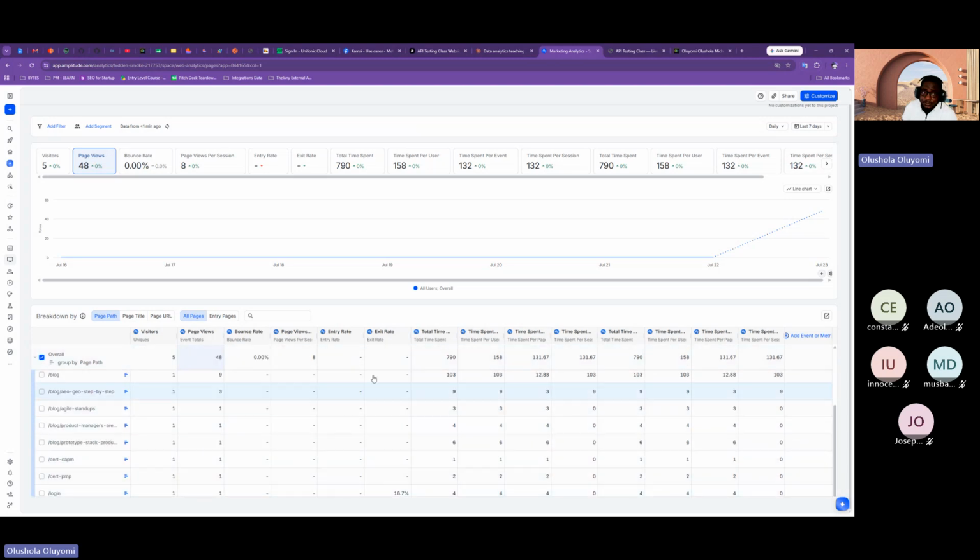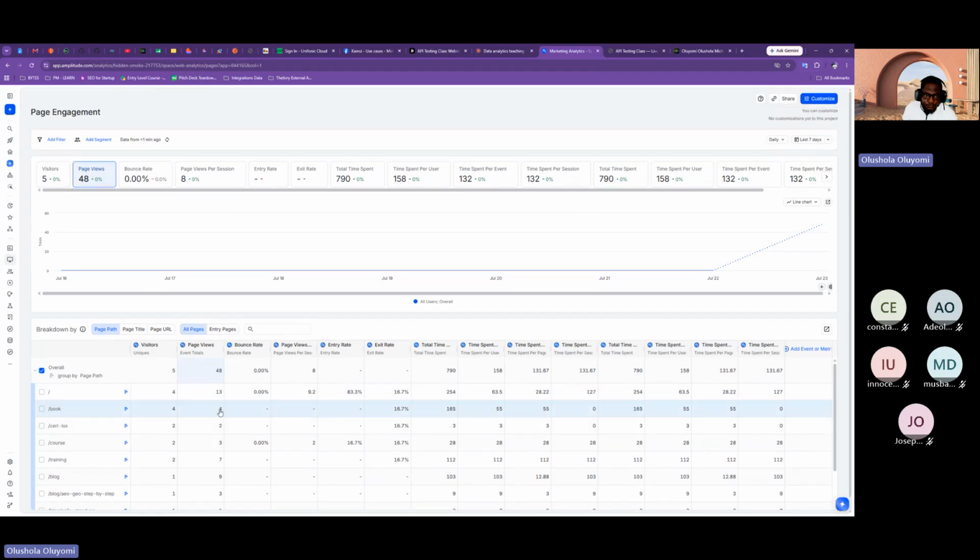Total page views. Just now, you guys are working hard, right? So it's showing me 5 unique visitors. My page has been viewed 48 times, right? And total time spent is 790 seconds overall, right?